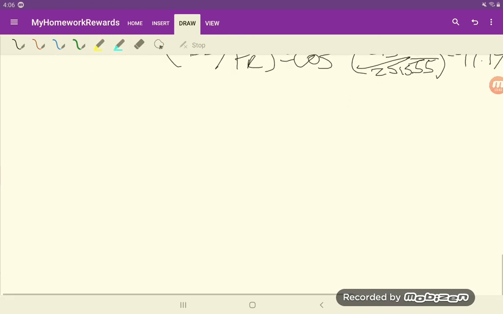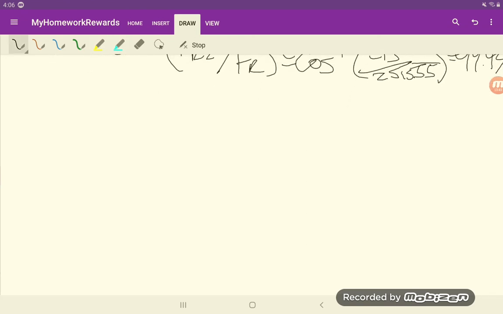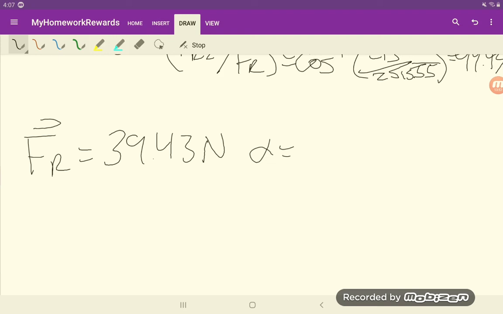Now we can express the resultant force as a magnitude of 39.43 newtons with 3 angles.